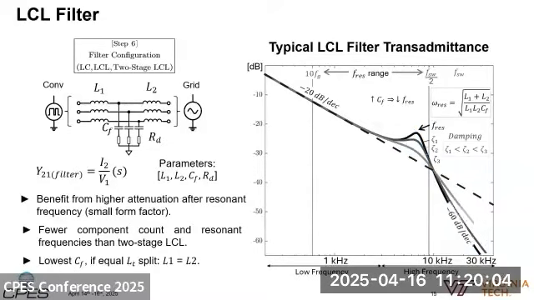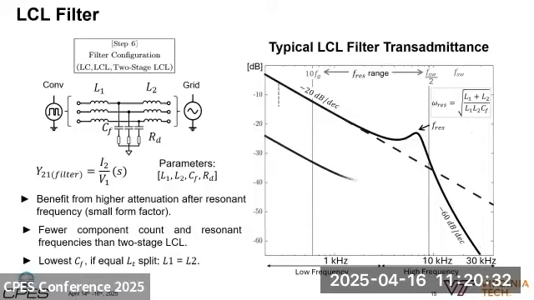But if we increase the damping resistor, we could lower the peak at the resonance. But in compensation, we are going to lose a lot of attenuation at high frequency, which is minus 60 dBs. It could be up to 50 or 40 dBs. So you kind of lose effectiveness of the filter.